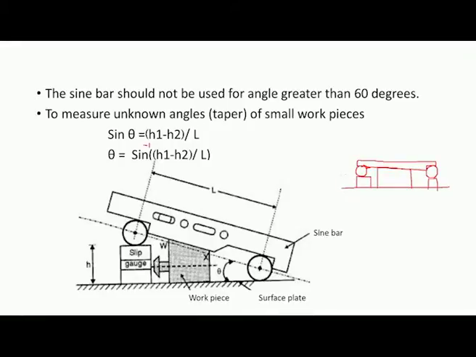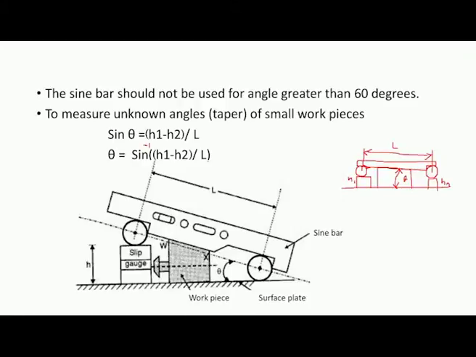So, in this case this is h1 and here it is h2 and this is L. So, now this theta can be calculated using this relationship. So, theta is equal to sin inverse of h1 minus h2 divided by L.